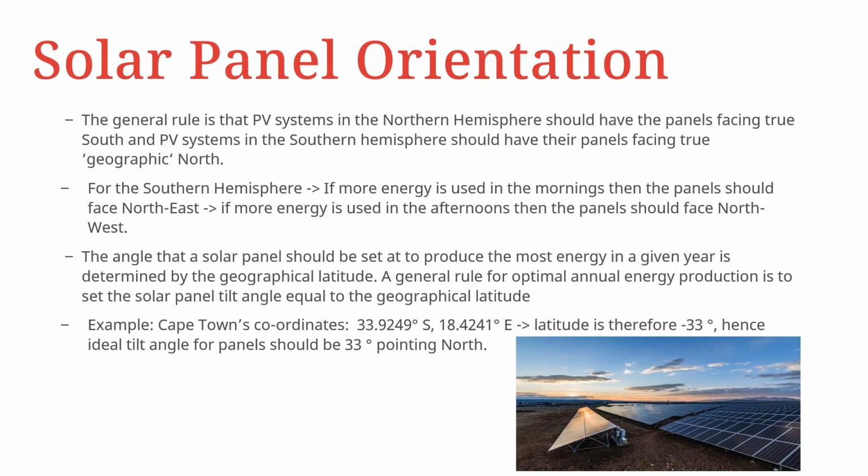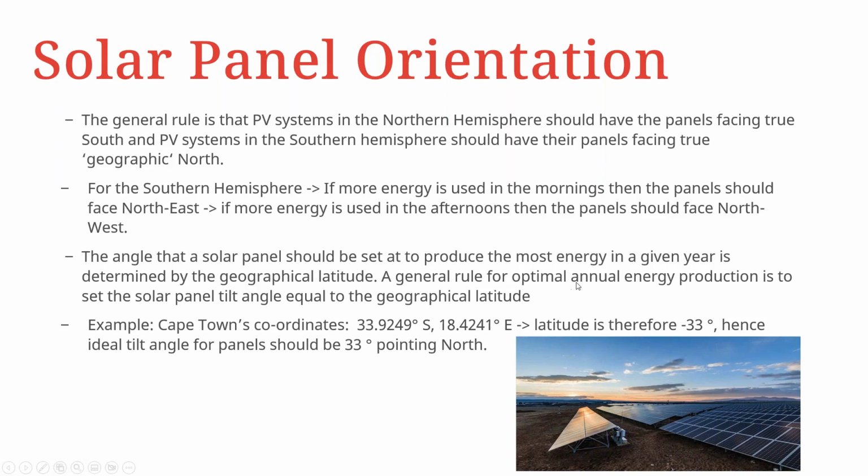Meaning that the rays incident on the surface of the solar panels should be at 90 degrees in order to generate the maximum possible solar yield from a particular panel. So in order to achieve this, we have to tilt our panels to a particular tilt angle. That is where the tilt angle comes into play.